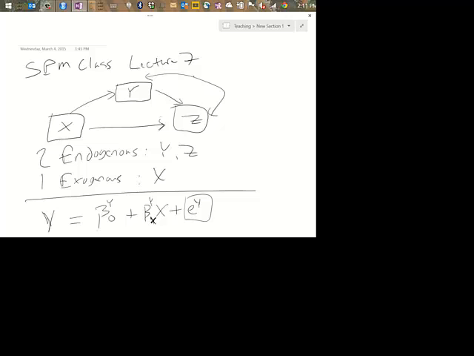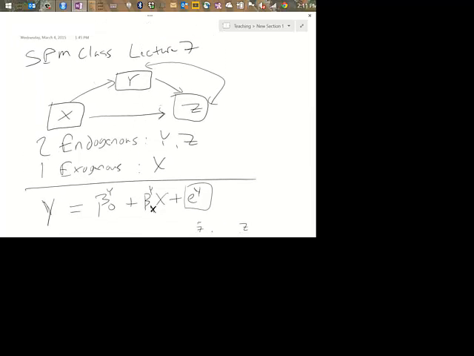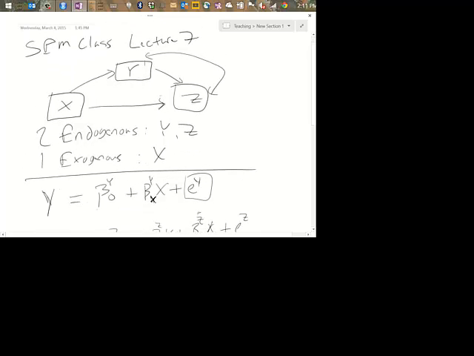And believe it or not, this is one of the things that happened in your homework, and a couple of you pointed this out to me. The direct effect, in lavaan, is represented with the tilde. The residual covariance is represented with the double tilde.